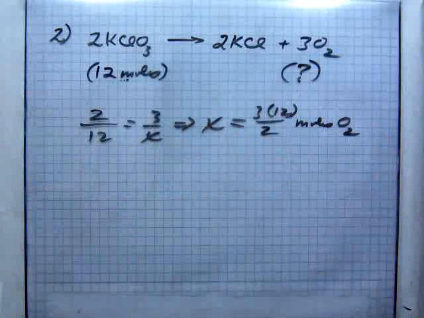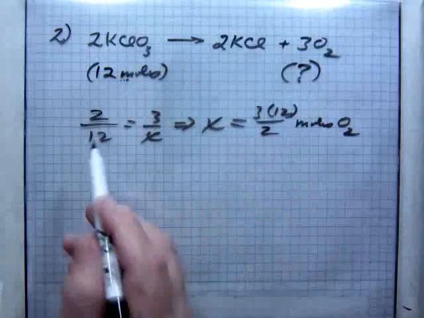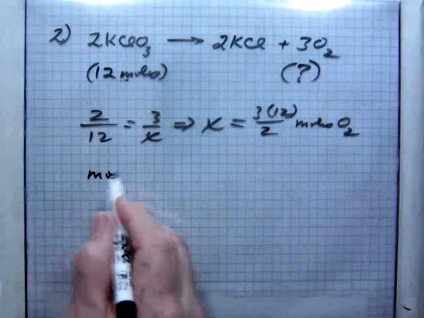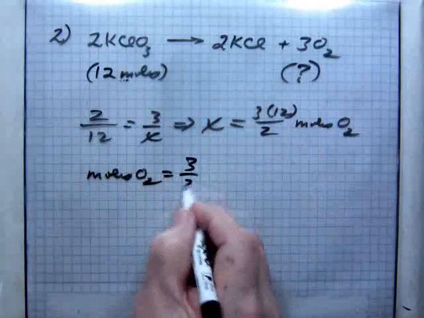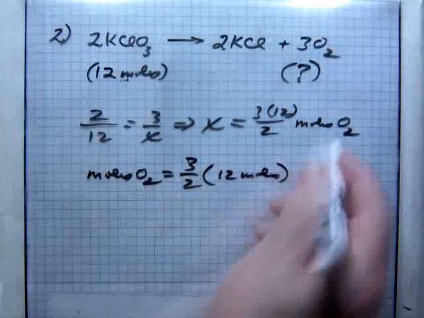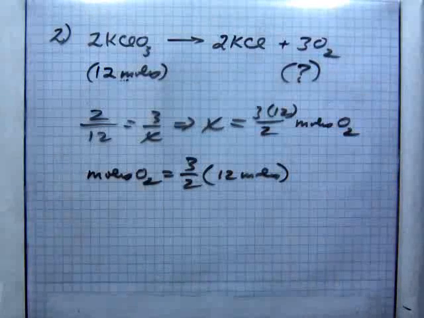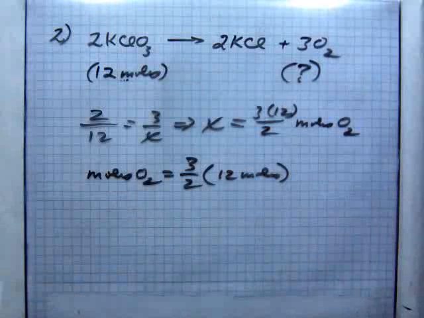You don't want to go 2/3. That'll make a smaller number than 12 because you're going to a larger side. So the moles O2 would be 3/2 of 12 moles. Both of them bear out in the calculation, and you punch it in yourself.